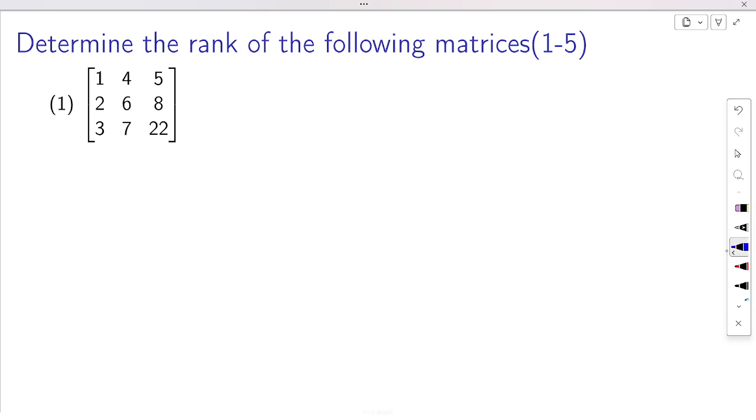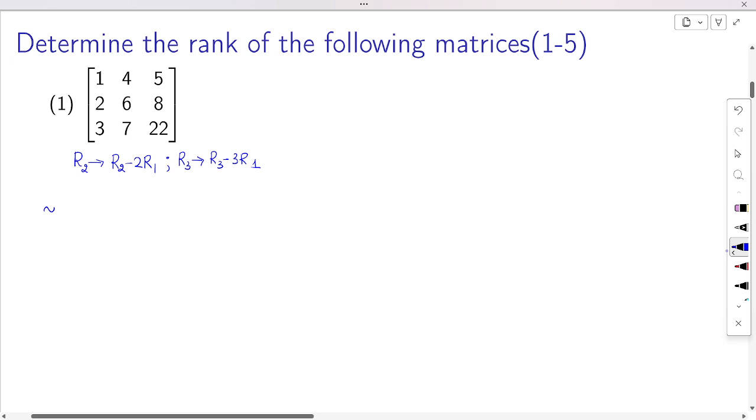So let us apply these two operations. On R2, we apply R2 minus 2R1, and on R3 we apply R3 minus 3R1.